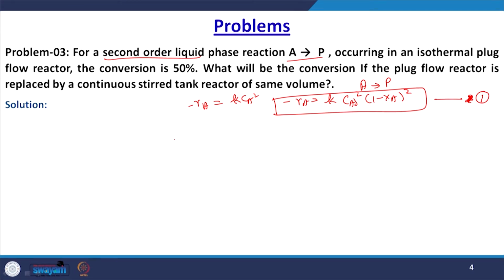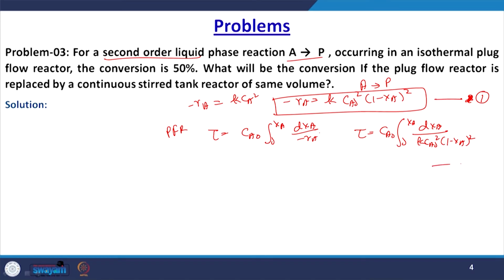So when we write the performance equation for PFR, then tau is equal to CA naught integral 0 to XA dXA upon minus rA, and tau is equal to CA naught integral 0 to XA dXA upon k CA naught square (1 minus XA) square, from equation number 1.